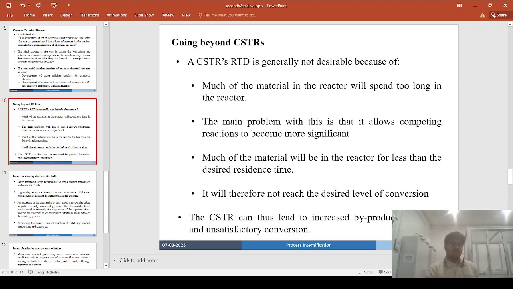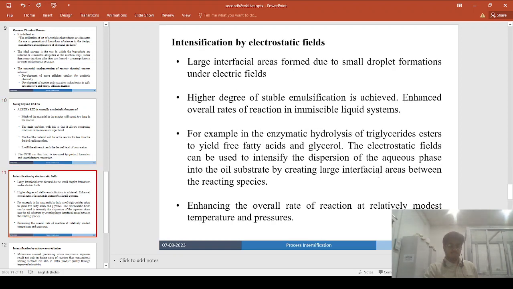Therefore they will not be able to reach the desired level of conversion. Thus the CSTR can lead to increased byproduct formation and unsatisfactory conversion. The increased byproduct formation is a consequence of the presence of dead zones, and the unsatisfactory conversion is the result of the bypassing phenomenon of the CSTR. So that's why we need to go and think beyond the CSTR itself.